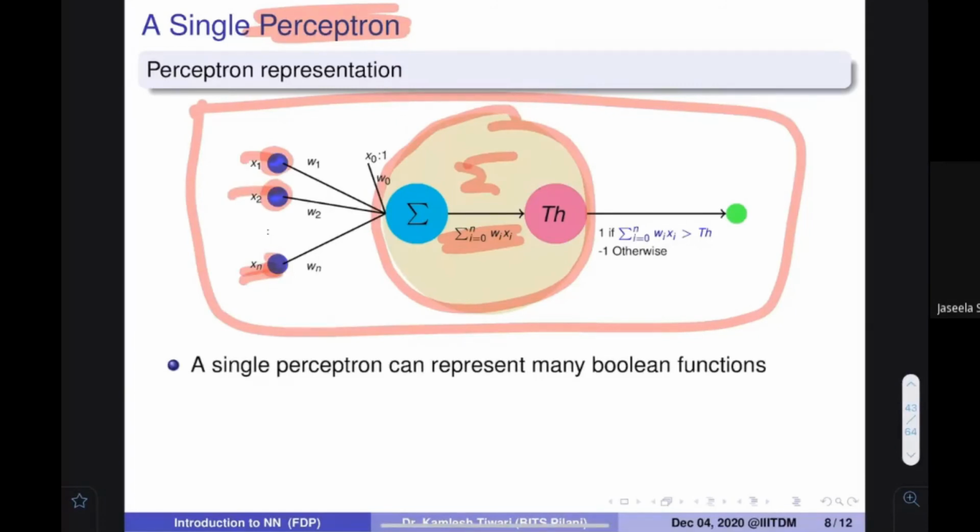They are multiplied with some weights, W1, W2, Wn, and there is also one W0 weight, and there is some unit that finds the summation. After the summation, we want to apply thresholding. There is a thresholding unit that applies, and at the output, you get positive or negative, whether the item is positive or negative. Those things make sense.